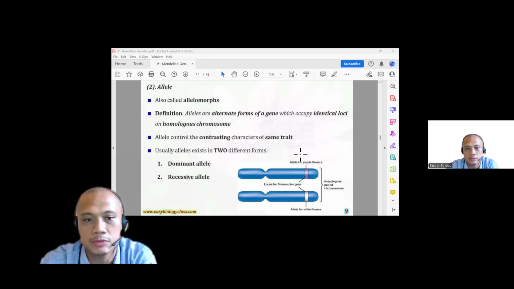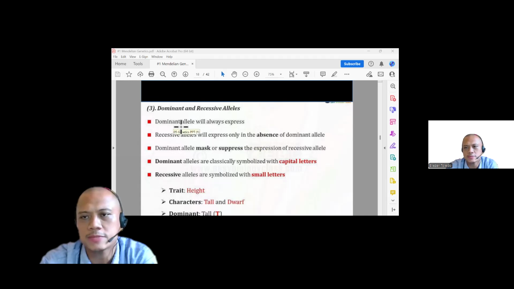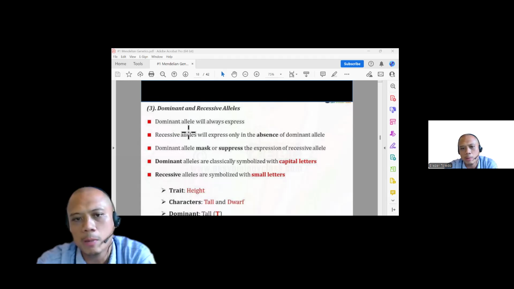Let's move on. Dominant and recessive alleles. A dominant allele will always express. Coming from the term dominant, they would always be the strongest. They always show or express whatever they carry. Recessive means the opposite.